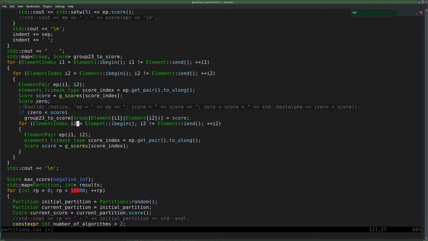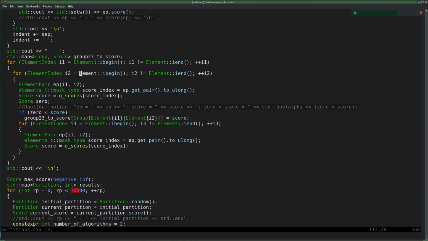I mean the third element. But actually I do not want to do this, right?